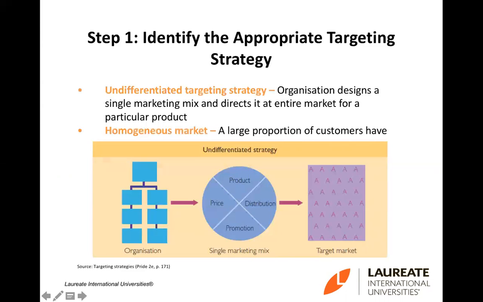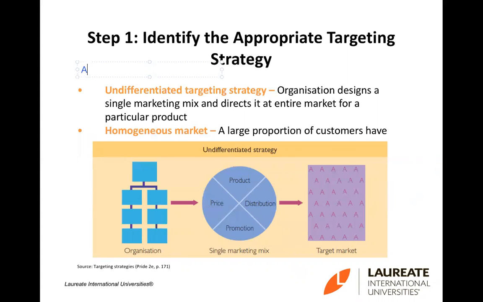Okay, so in terms of identifying the appropriate targeting strategy, there's three perspectives that organizations can refer to. The first one basically revolves around the belief that all customers are the same.